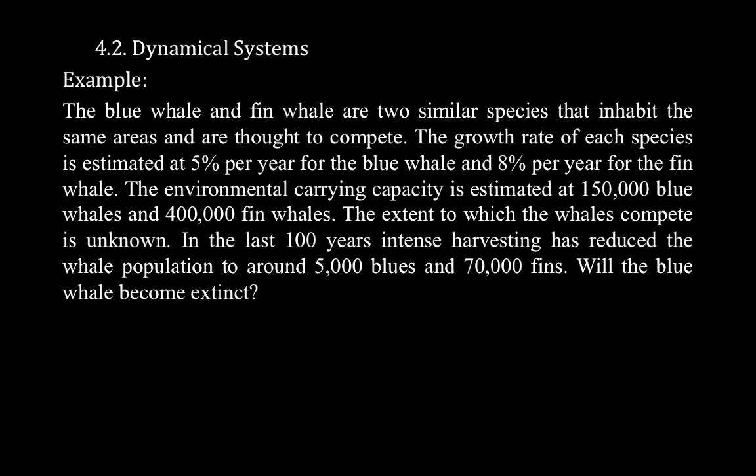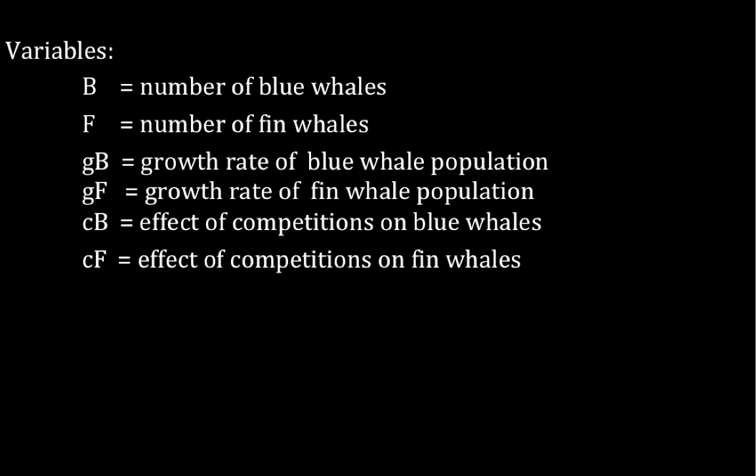We are going to follow the 5-step method. As we know, the first step is that we should define our variables and assumptions, then the objective. I use B, number of blue whales, and F, number of fin whales.